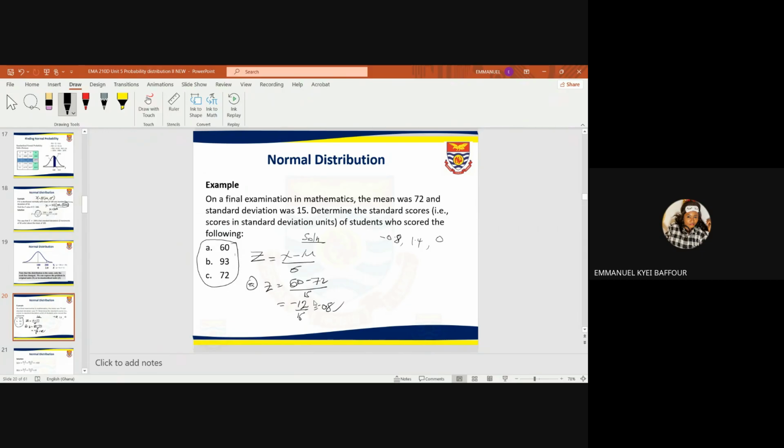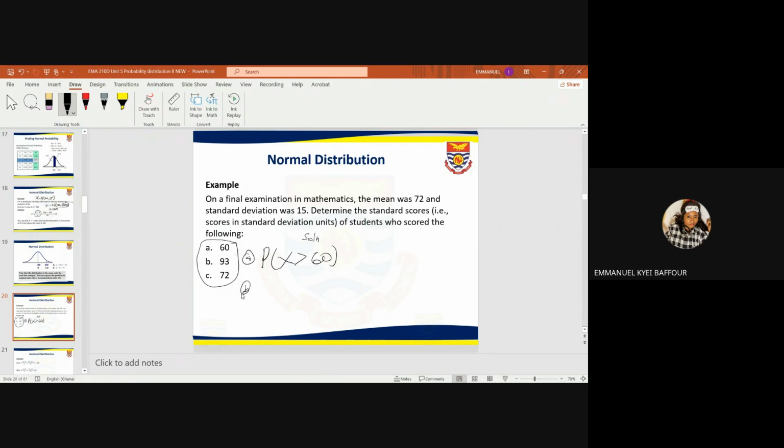So now with this same problem, assuming the question that we were supposed to look at was to calculate the probability that x will be greater than 60, and that is the first one.